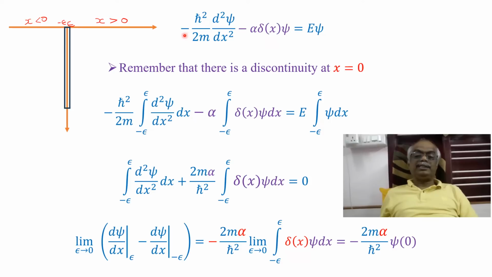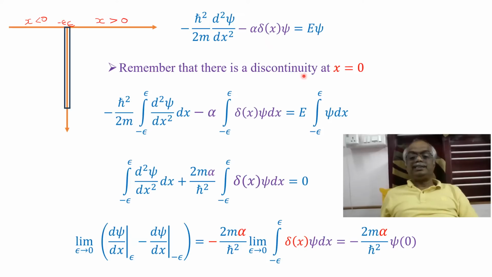We have seen that the Schrodinger equation for the delta function potential is minus h cross squared over 2m d2 psi over dx2 minus alpha delta x psi, which is equal to E psi. In the previous case, when x is not equal to 0, we took this as 0. Now we are going to take x equal to 0 or close to 0.